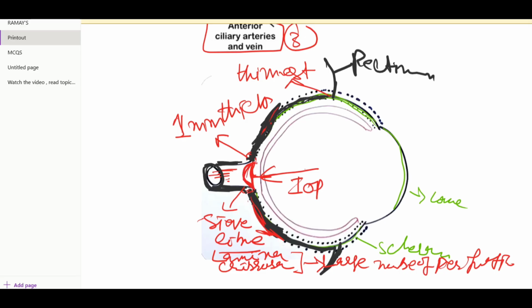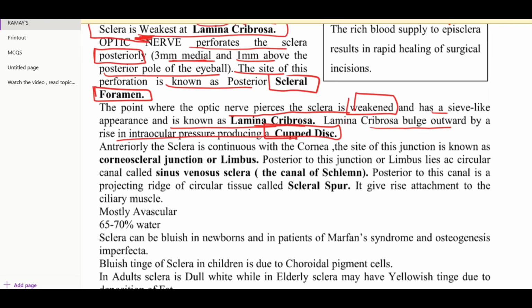So it becomes like a cup, and this is known as the cupped disc.